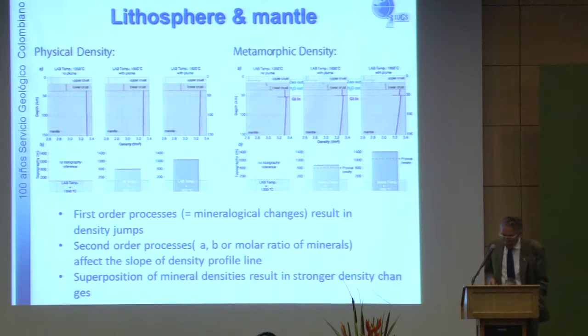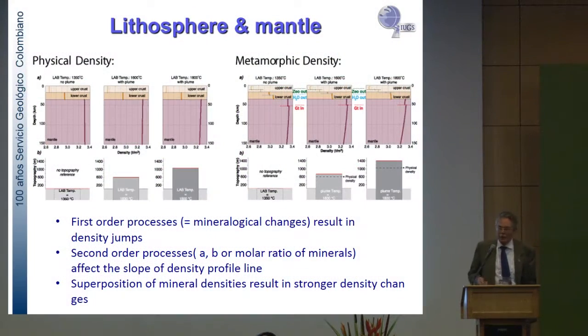But now, my point is, if you are using the metamorphic density model, then you see that it is not possible just because reactions occur. And we were using different rock types. Of course, the composition of the upper crust and the lower crust is not the same, but you can play around as much as you want. You end up forcedly with a model that has more layers due to the metamorphic changes that provoke jumps in density.